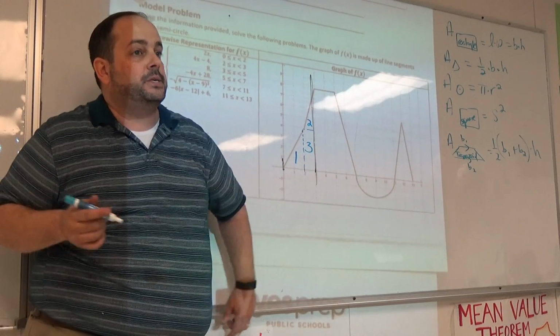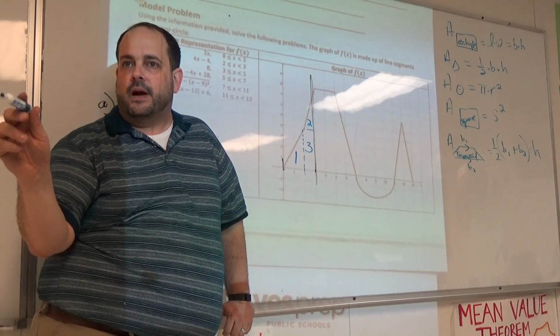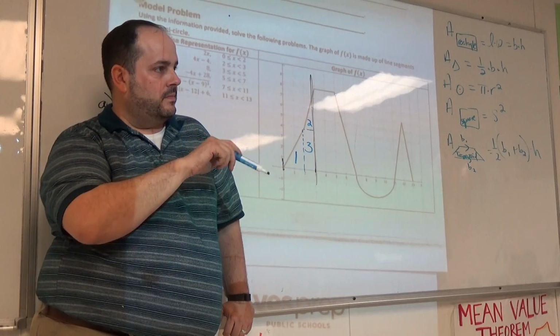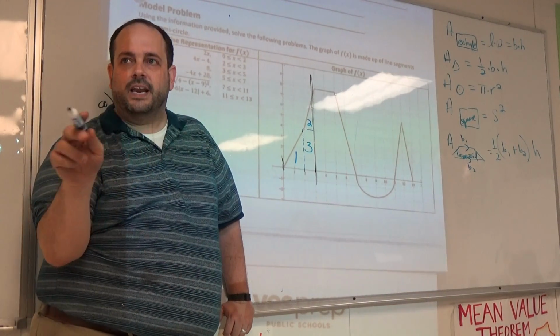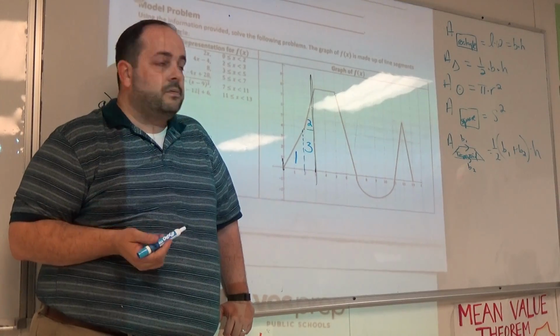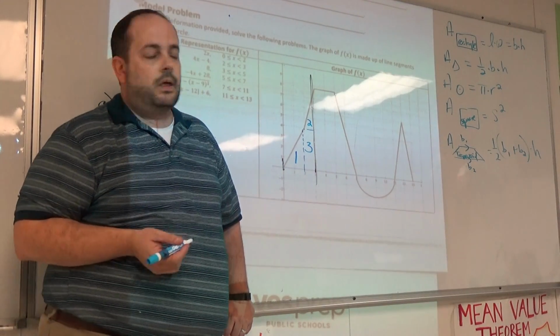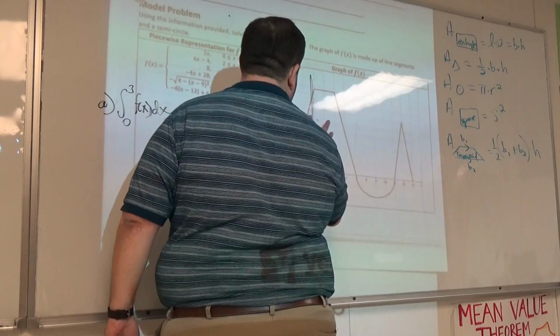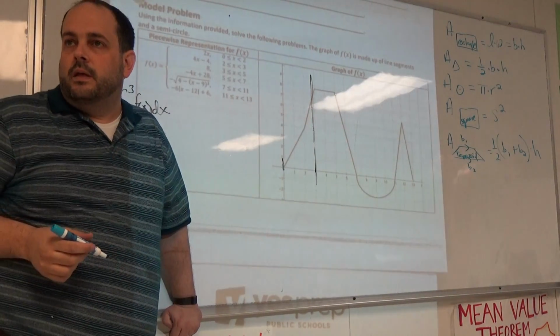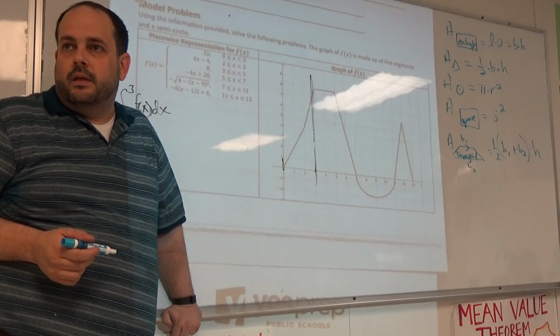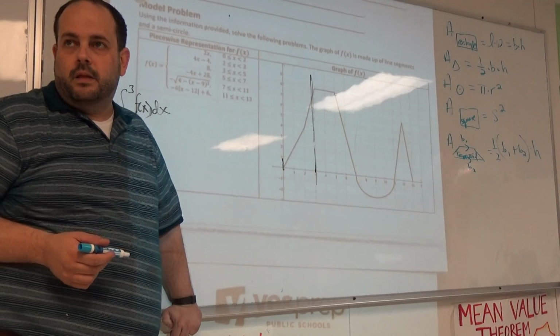A way. Other ways. What are some other options? Nobody sees any other ways to split this up? Martyr, what else could you do? Do you see a trapezoid? Where do you see a trapezoid? Oh, yeah. Right there.